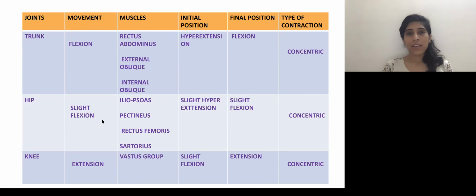And at the last stage, there will be slight flexion motion, and this time also the flexor muscles have to work concentrically. Then coming to the knee joint, there will be the extension motion. Initially there will be the flexion motion, and then it goes for the extension motion. The quadriceps muscles have to work concentrically to produce this motion.